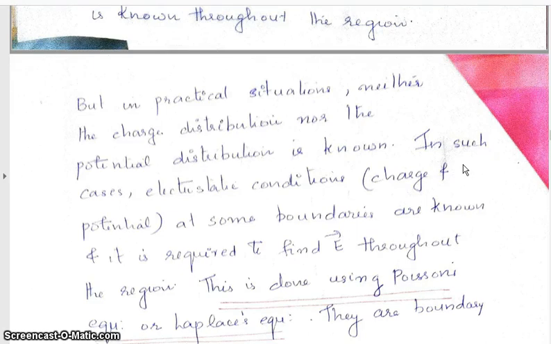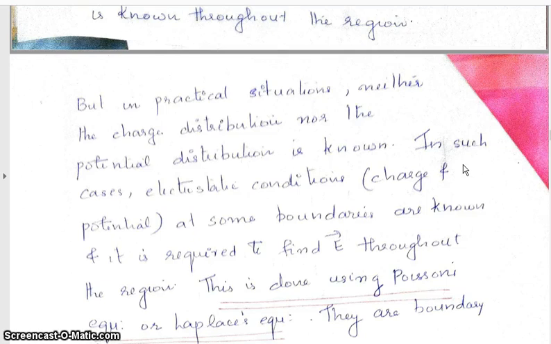But practically it is not possible. If you have no knowledge of the charge distribution or of the potential V inside the surface, then how will you calculate your electric field intensity? There comes the importance of Poisson's equation or Laplace equation.